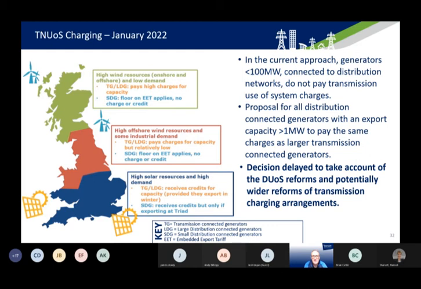So Ofgem have decided to suspend that decision for now and wrap it up with their wider transmission charging review that's been happening in parallel. They consulted on that last year, looking at a call for evidence, and they're now, I think, sifting through the responses they got at the back end of last year.